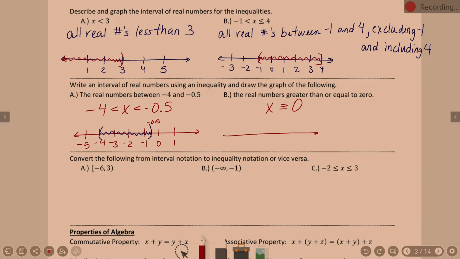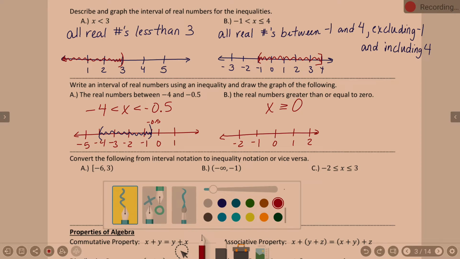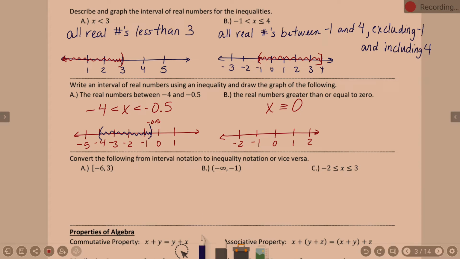And set up my number line. How's that graph look? A bracket on 0 and then a line. Okay, and that line is going to the right.